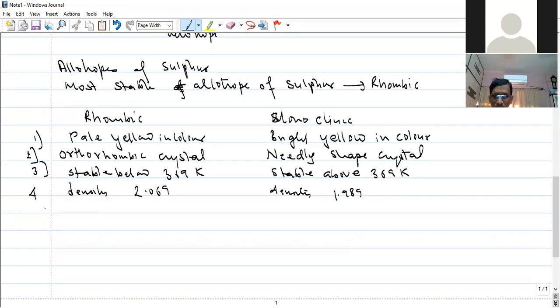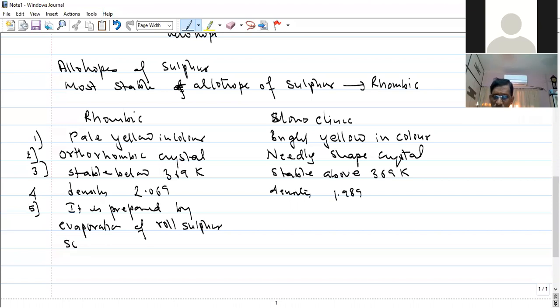Fifth one, rhombic is prepared by evaporation of rolled sulfur solution in carbon disulfide. That means rolled sulfur is dissolved in carbon disulfide.